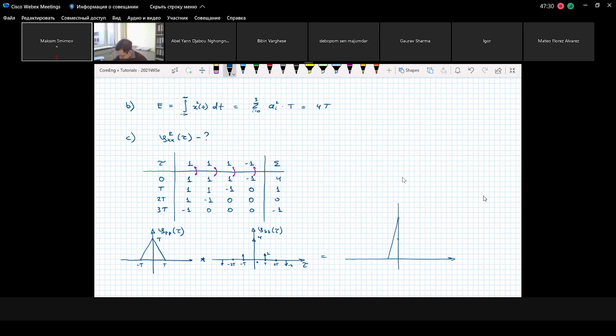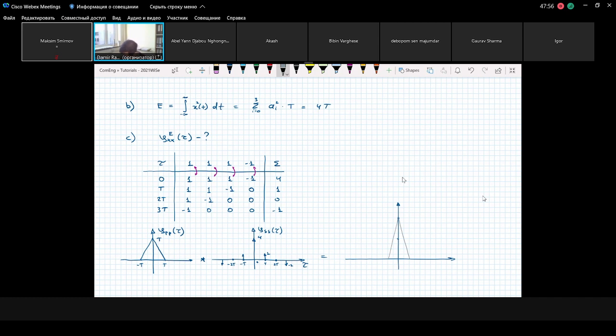And now actually we need to find the resulting autocorrelation. It might not be obvious how the resulting autocorrelation will look. For this reason, at the beginning, I will show you. In the middle we have the largest part, this triangular function.